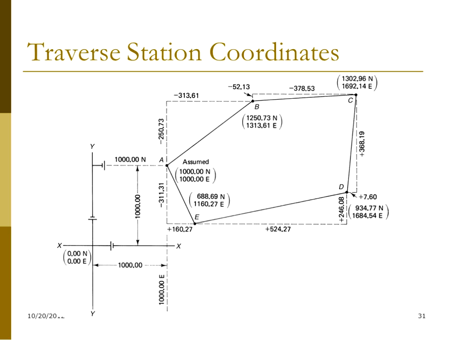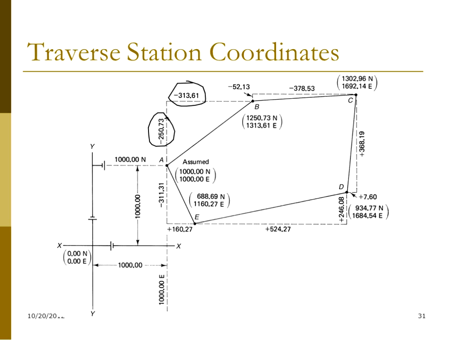So let's take a look at this original traverse that we were looking at earlier, A, B, C, D, E. We've balanced the departures and latitudes, which you can see here for each segment. They're all listed here. And what we've done is we always want this to be in the northeast quadrant.